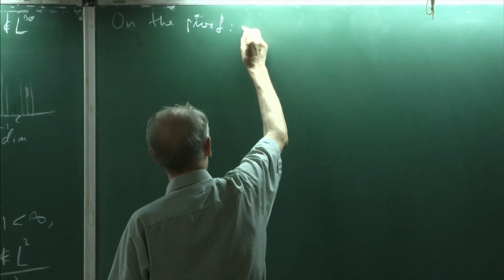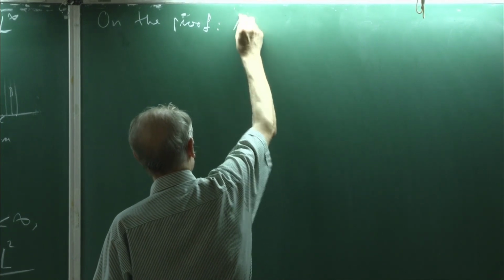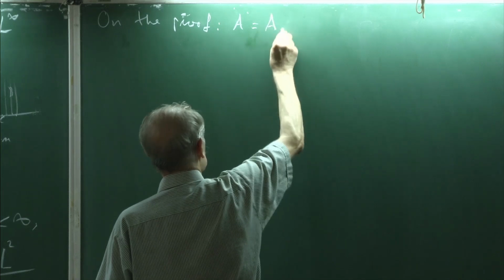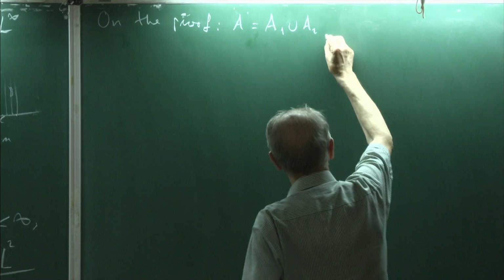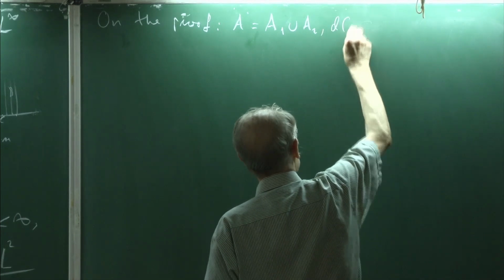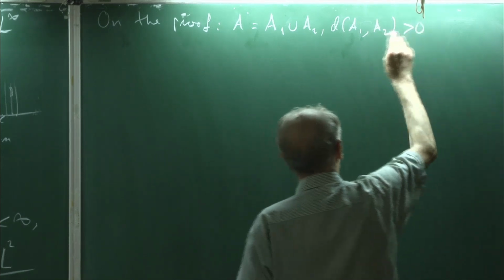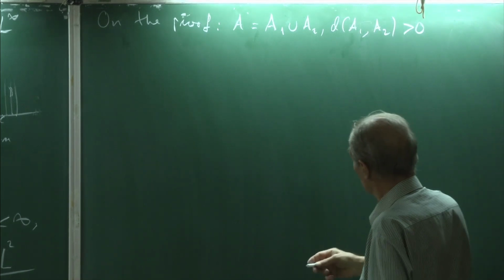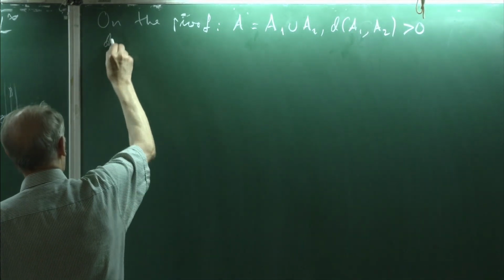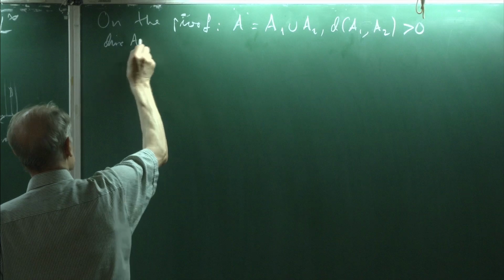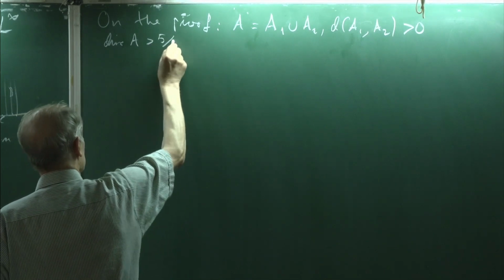First, we may assume that A is split into two parts, which are at a positive distance to each other, and both are s-dimensional. So I'm assuming that the dimension of A is bigger than 5 over 4.